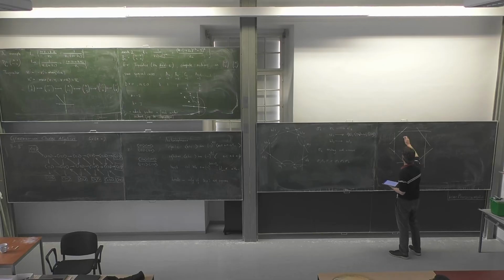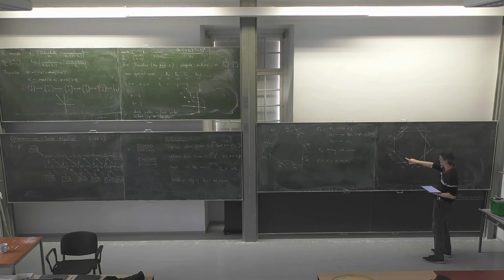So W1 will map to W2. And then W2, so what I need to do now is construct the plane. So this is 1, 2, W3, W4, W5. And I consider the plane 3, 4, 5. So imagine now I'm in P3. And I can have a plane specified by these 3 points.